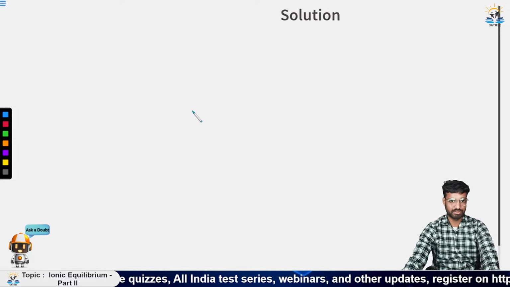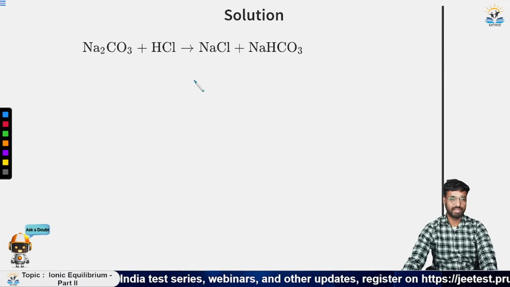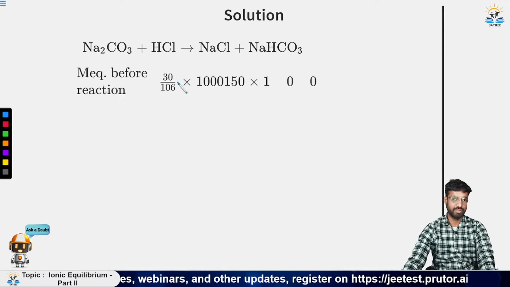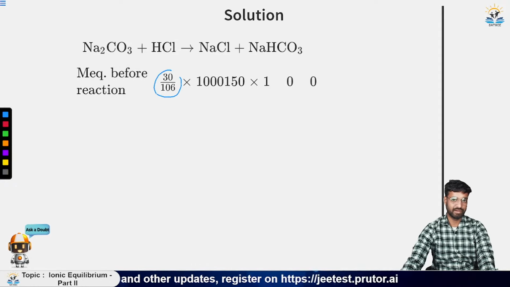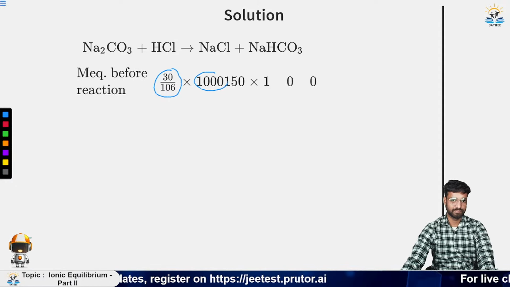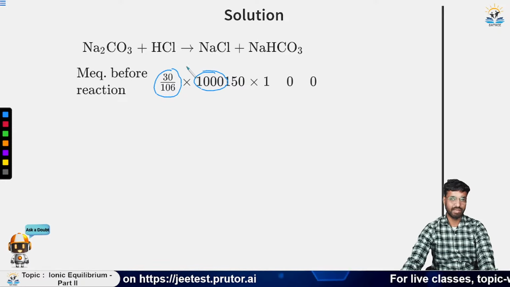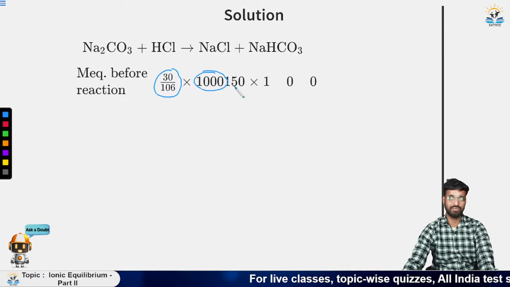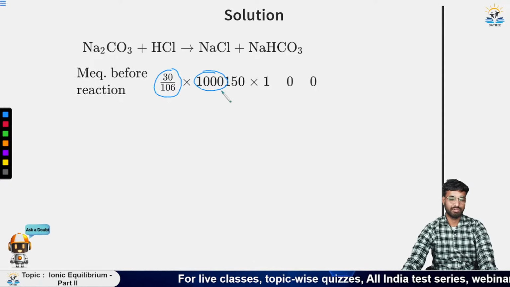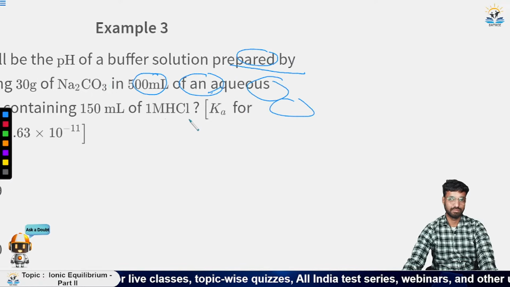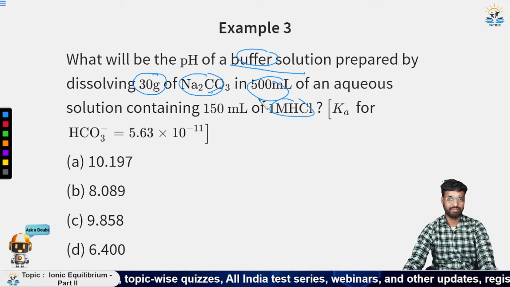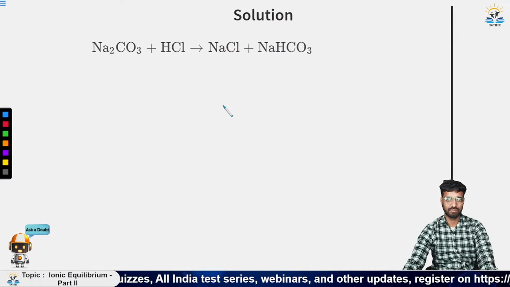So how will we do this question? First of all, you will calculate the number of moles of Na2CO3. It will be simply 30 by 106 into 1000. And since we are taking a 1 M solution of HCl, the number of moles of HCl will be 150 into 1, into 1000. Why 1000? Because we are taking 500 ml of this.